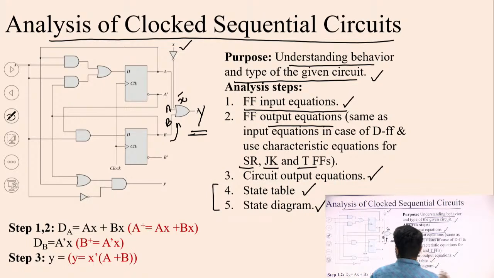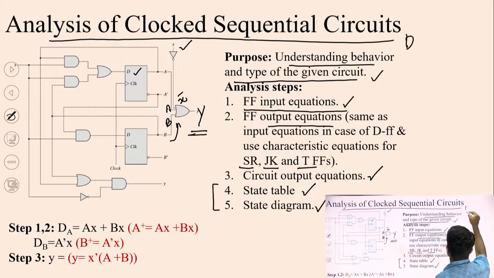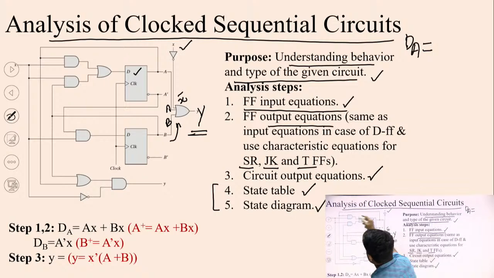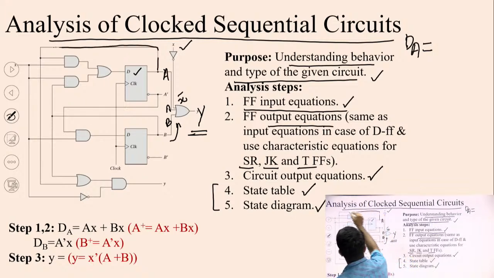Okay, so you can check this D. First step, flip-flop input equation, that means I want to write the input for DA. What is this DA? The first flip-flop's output is A, this same thing is reaching here as A, and this is A bar. I am writing all the expressions.